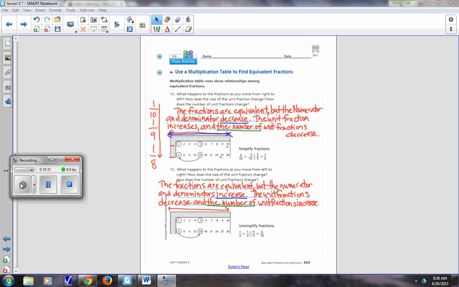So if table 1 had a pizza, table 2 had a pizza, and table 3 had a pizza, and I said you can have 1/3 of the pizza, but table 3, yours is in thirds, table 2, yours is in 12ths, and yours is in 15ths. Table 3 would have 1 slice of pizza.